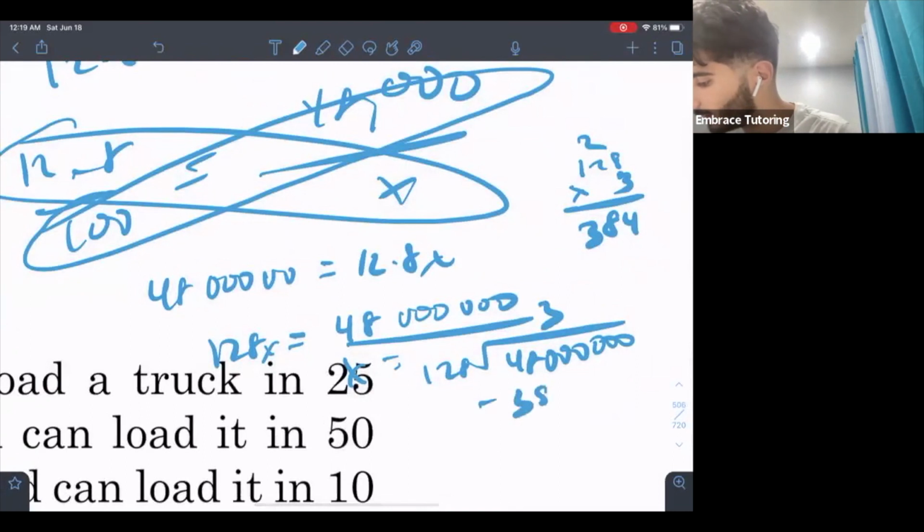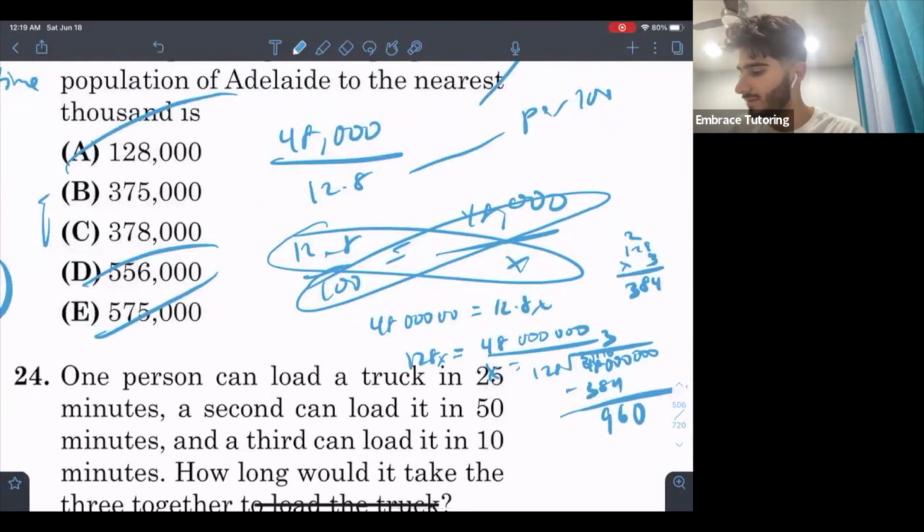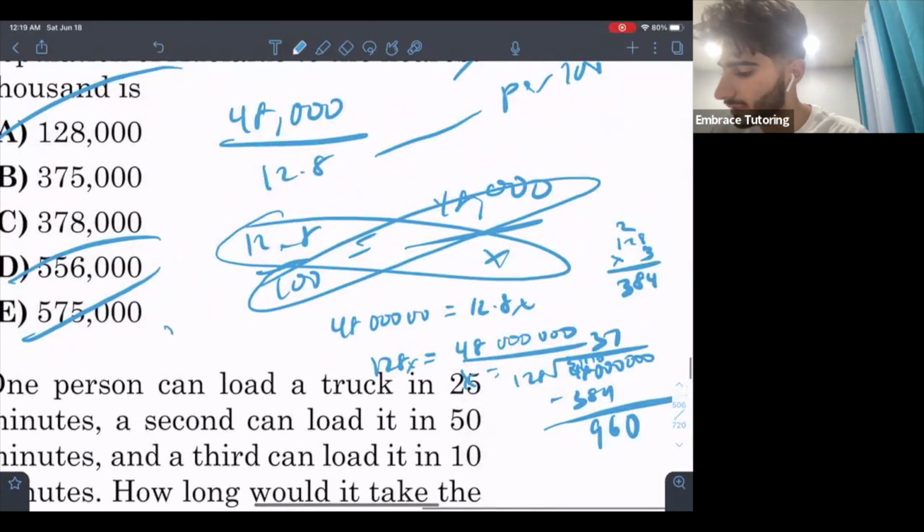If you do that, 384 leaves a remainder and 7 has to be the next number, because both of these choices have 7 in it.